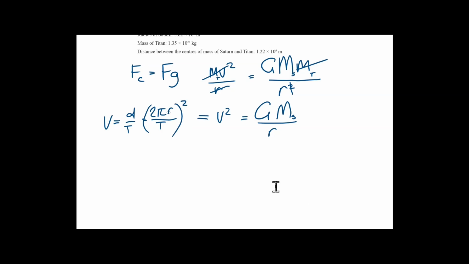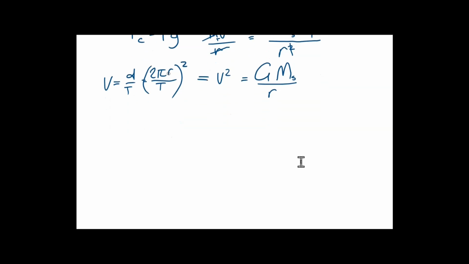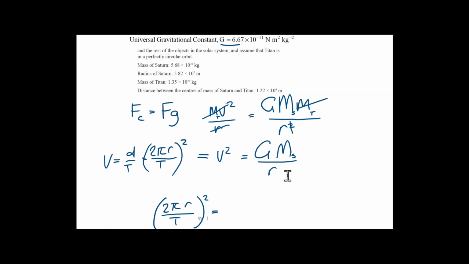Okay, so from here on in, it's algebra. The algebra may or may not get messy, I don't know. So we have 2 pi r over t squared equals, if we square both sides, we can just bring this down because v squared is that, equals GM over r.